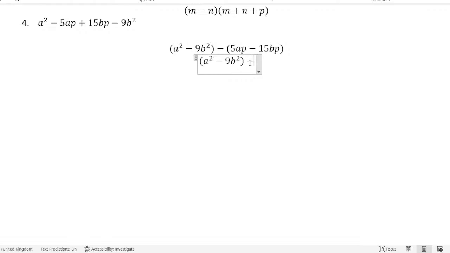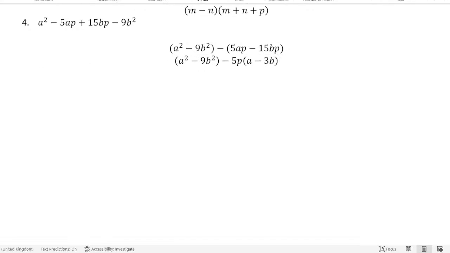Now let's take our common factor. We have 5, and 5 goes into 15 3 times. So minus 5 is our common factor, and p is also our common factor, so it's minus 5p into, and we'll be left with a minus 3b.